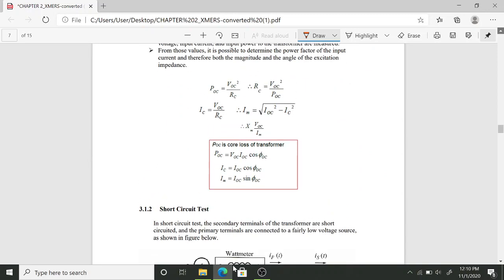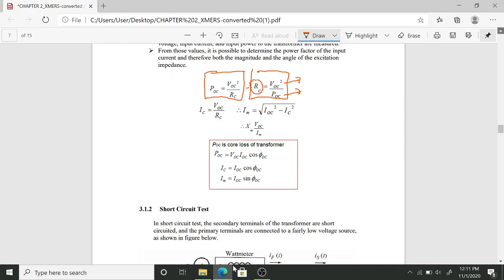So you can get the parameters at this condition. P open circuit equals V open circuit squared divided by RC. So RC equals V open circuit squared divided by P open circuit. These two values you will get from the test, so you will get the value of RC.